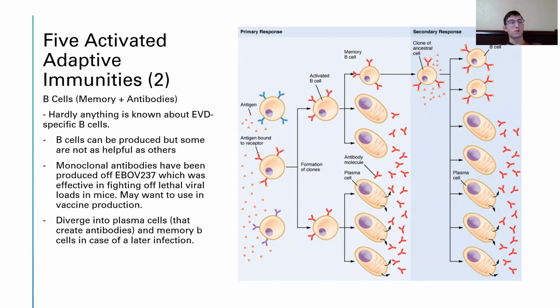There are a plethora of studies that show a plethora of different antibodies that are activated from Ebola virus. Some studies say there's not very many good ones that are created. Other studies say there's a lot of good antibodies that are created. This slide's going to say that there's not very many, but another one's going to say there's a lot. So just be prepared for that. They're all really good sources.